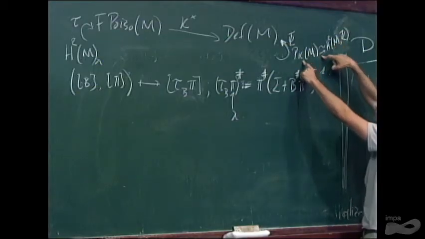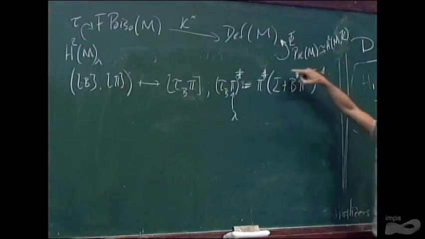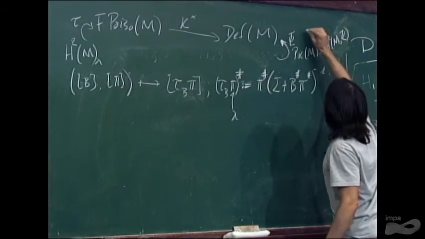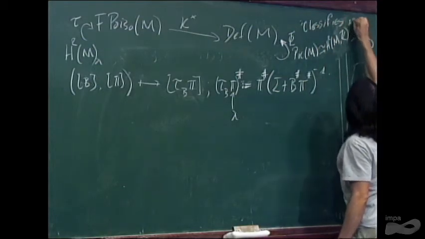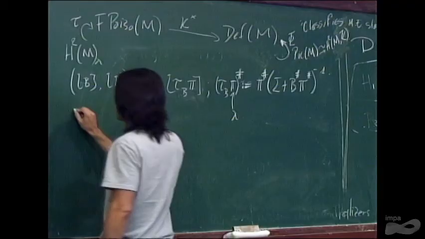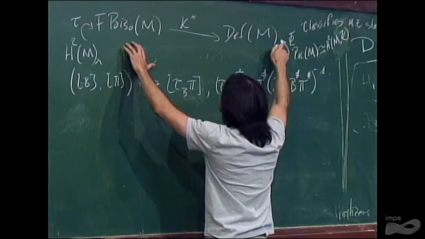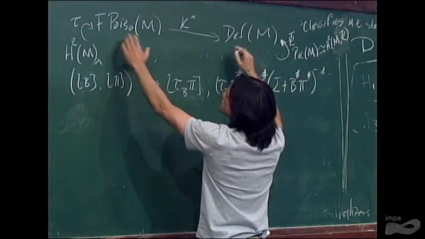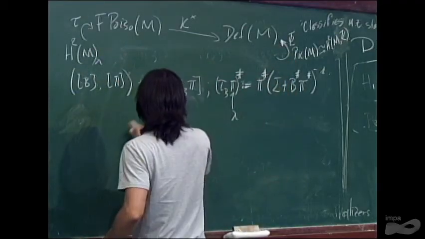This is the group of isomorphism classes of complex line bundles over M. And this acts on the formal Poisson structures, and more, it classifies Morita equivalent star products. And this map here is equivariant between these two actions under some condition.